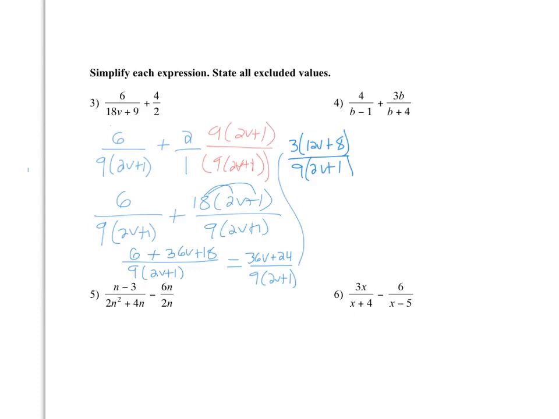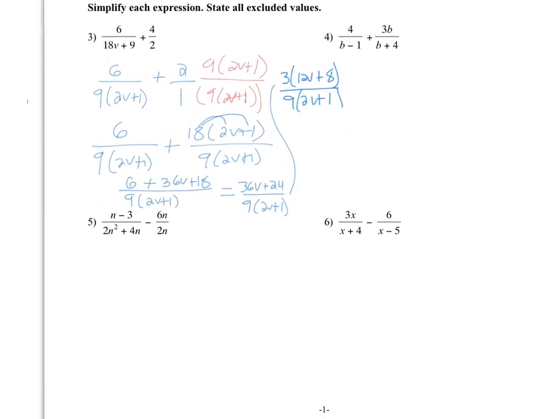Oh, well, 3 divided by 9 is 1/3. So this is 12v plus 8 over 3 times 2v plus 1. I don't know if the answer key has that distributed, but you could distribute it if you want. The big thing is that v cannot be equal to -1/2. So that's the simplified version.